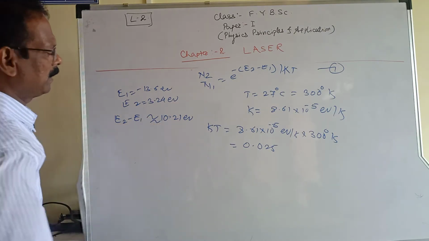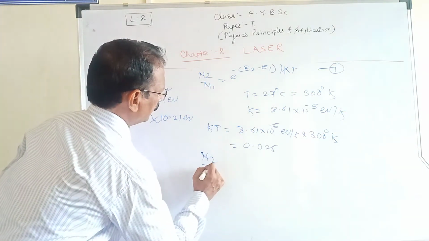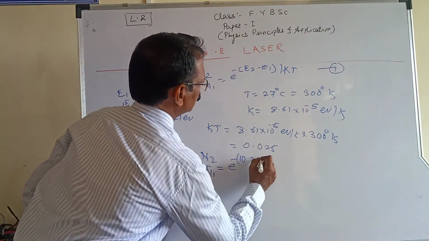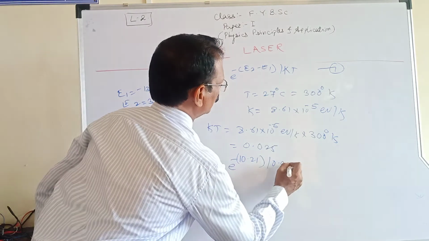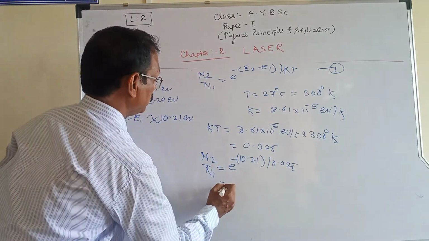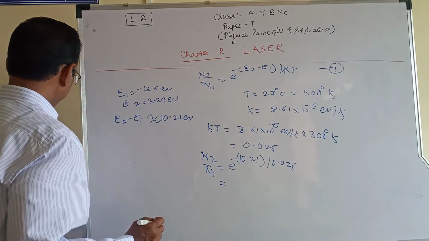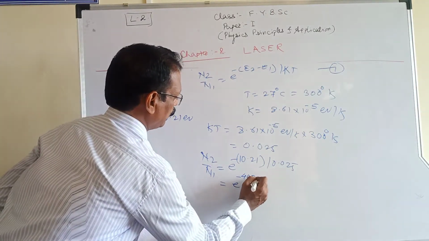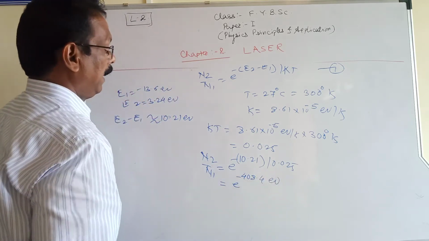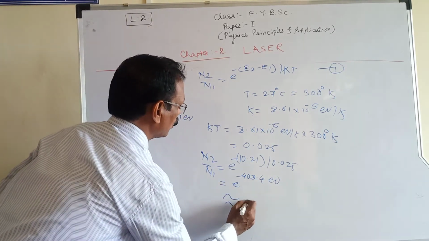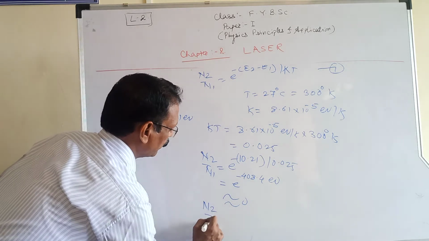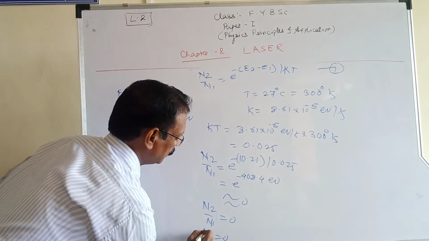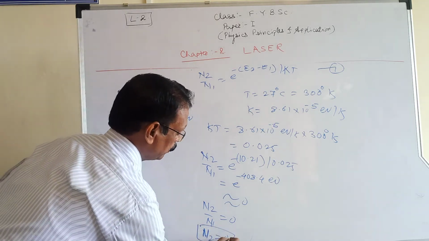If we substitute, N2 upon N1 is equal to e raised to minus 10.21 divided by 0.025, and the value becomes e raised to minus 408.4, which is nearly equal to 0. So N2 upon N1 is equal to 0, N2 is equal to N1 into 0, so N2 is equal to 0.